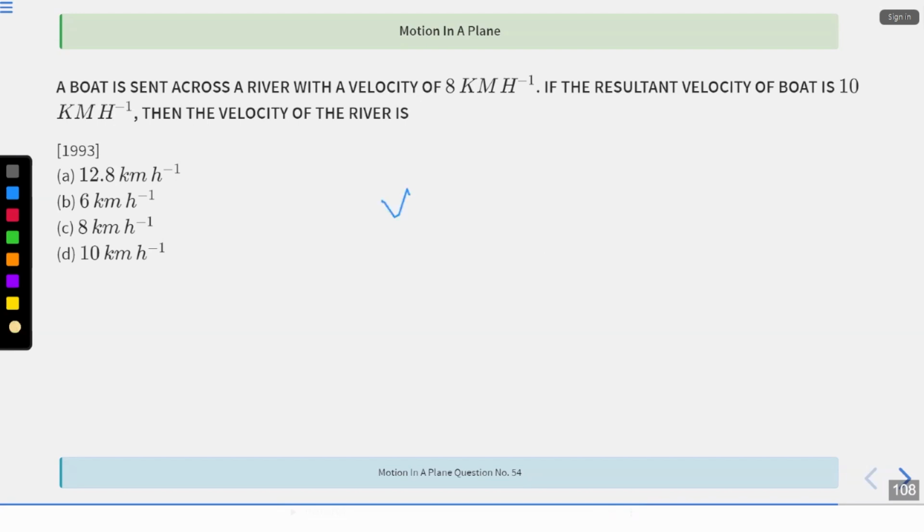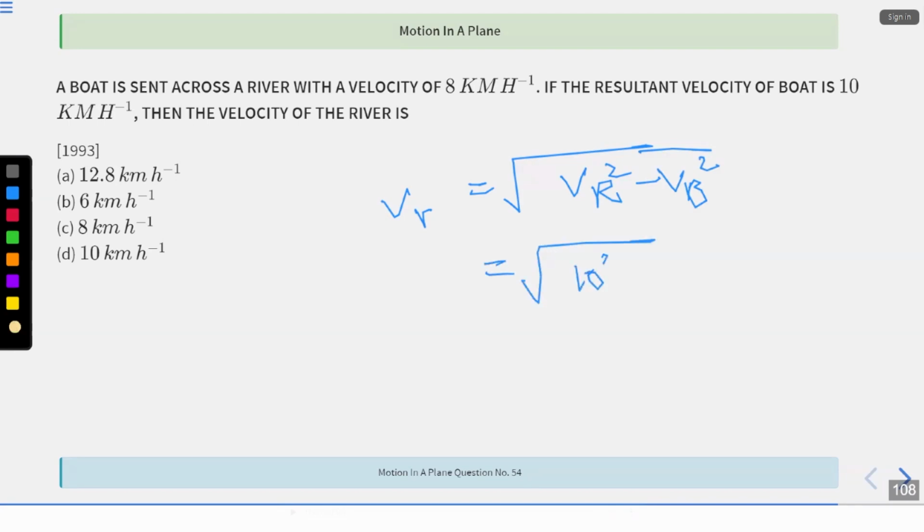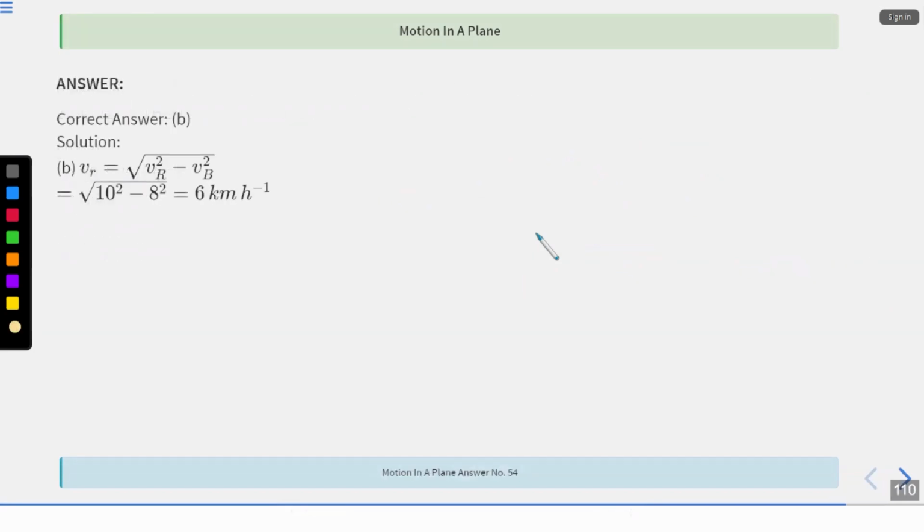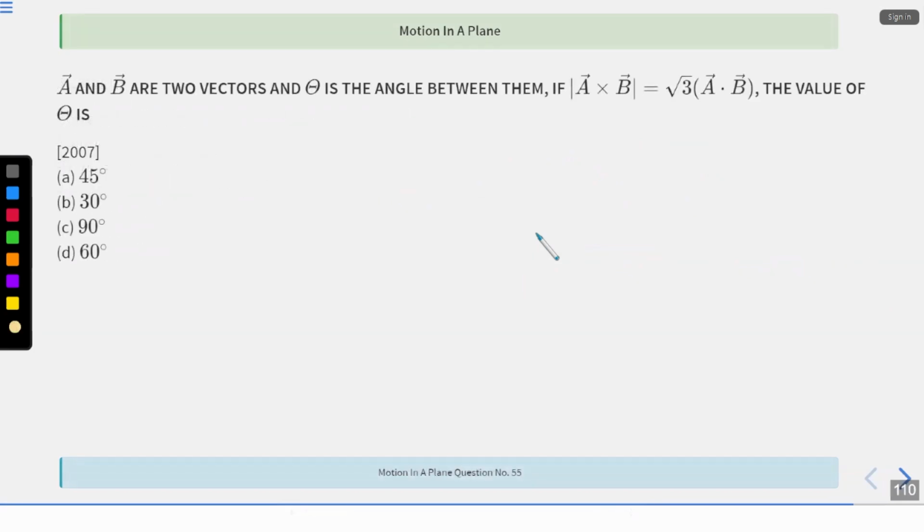So directly I'll write this as VR is equal to root of VR square minus VB square. So just substitute the values and you'll get it as root of 10 square minus 8 square, and that is equal to 6 kilometer per hour.